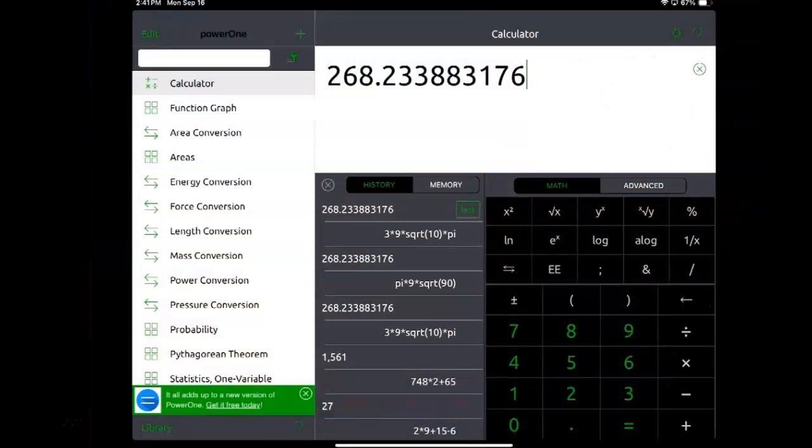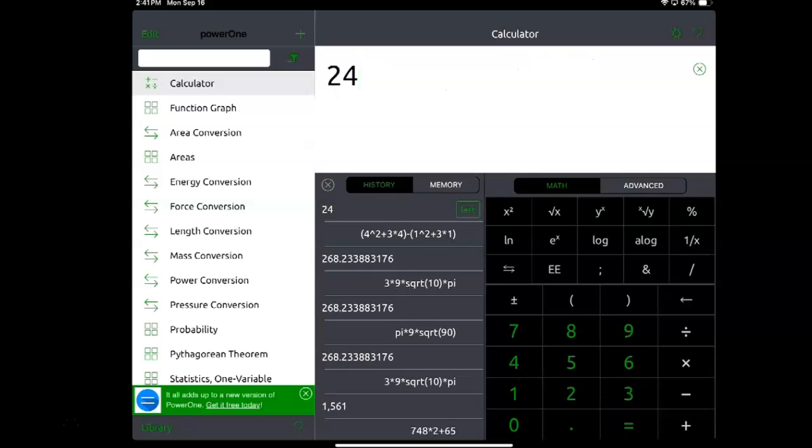So plugging 4 in, that would be 4 squared plus 3 times 4, minus 1 squared plus 3 times 1. And that's going to be multiplied by 2 in the formula.